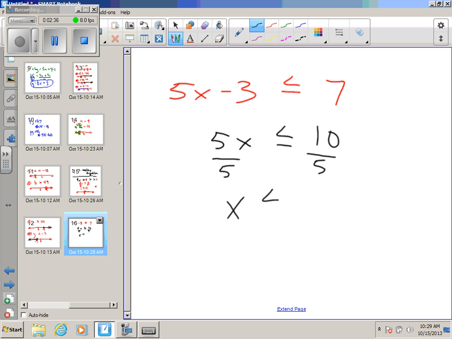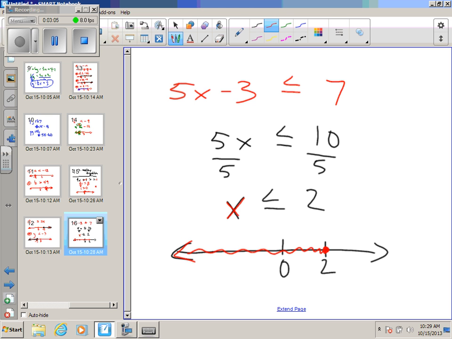And x is less than or equal to 2. Let's graph it. Here's my 2. Because it's a less than or equal to 2, I'll put a point, and we'll shade which way? Left. Arrow, variable first, arrow to the left. All of these values are less than 2.